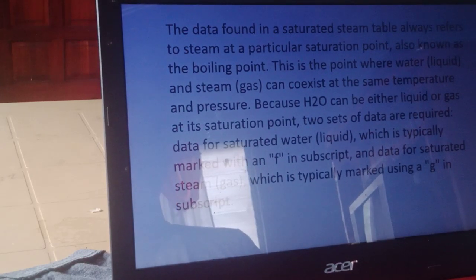Data for saturated water, liquid, is typically marked with an f in subscript, and data for saturated steam, gas, is typically marked with a g in subscript.